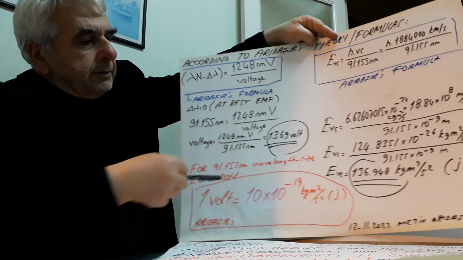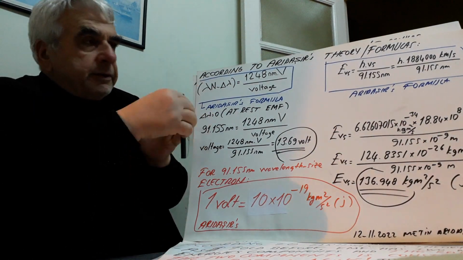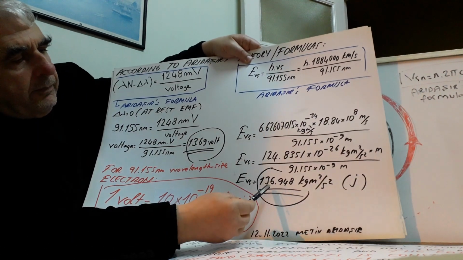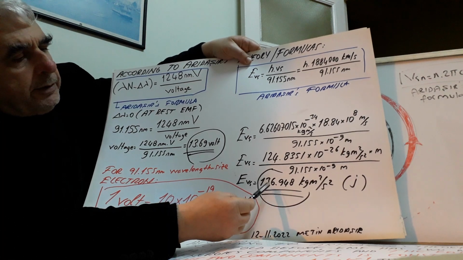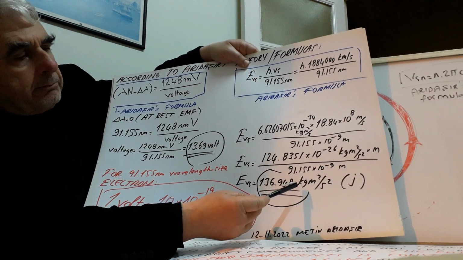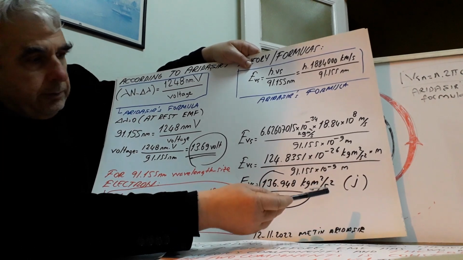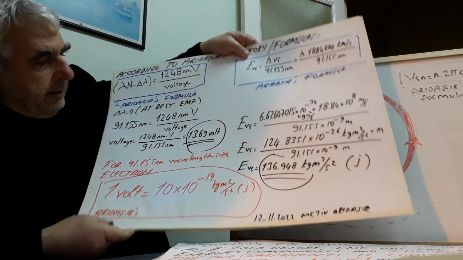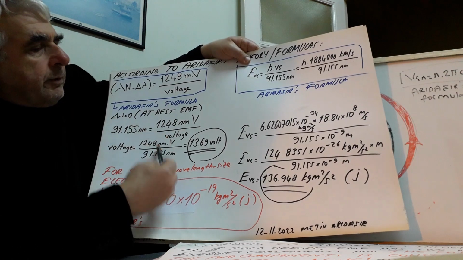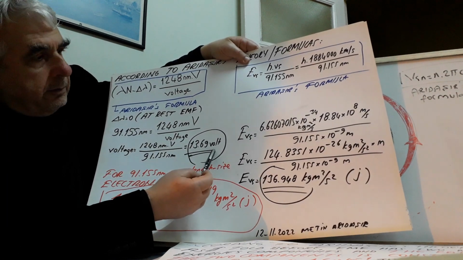Now, right side. Linear velocity component energy is here 136.9 kilogram meter square divided by second square, joule. Left side applied voltage formula result is 13.69 volt.